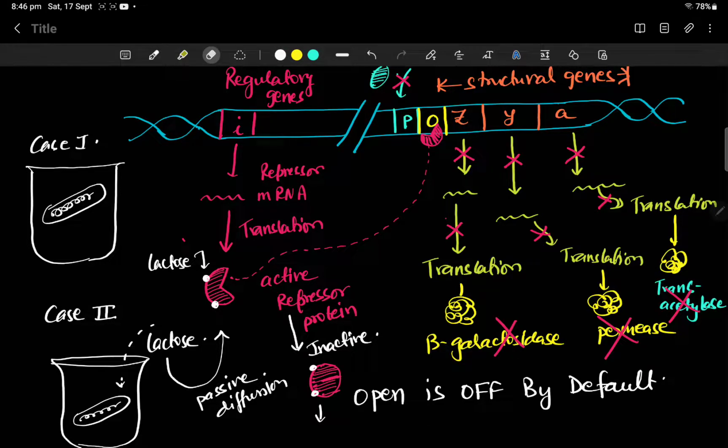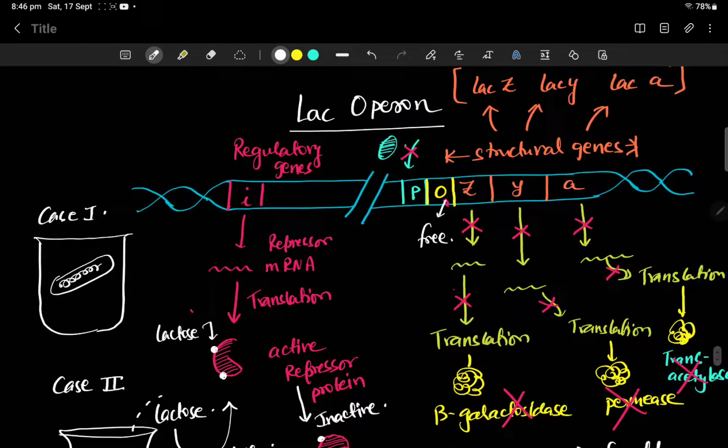As a result, what is going to happen? This repressor will not be present to hold on to the operator. So the operator is free. Now RNA polymerase can actually come and transcribe. So RNA polymerase will come and it will start the transcription and translation of all these genes.